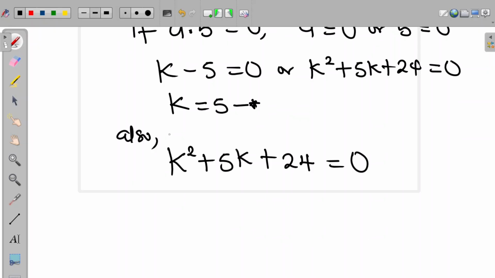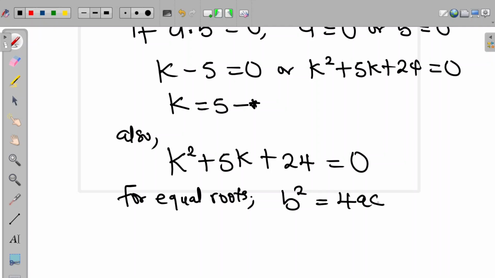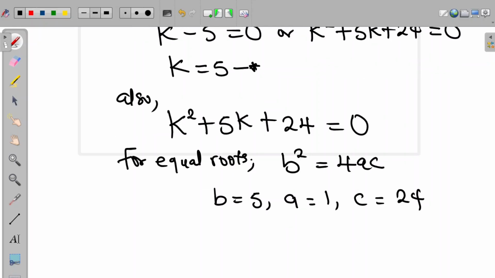So recall that for equal roots, b squared is equal to 4ac. So b is equal to 5, a is equal to 1, and c is equal to 24. So if we substitute, we have that 5 squared is equal to 4 times 1 times 24.